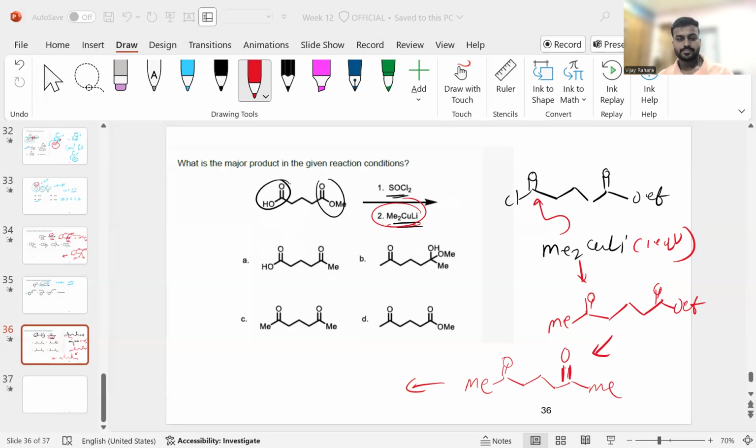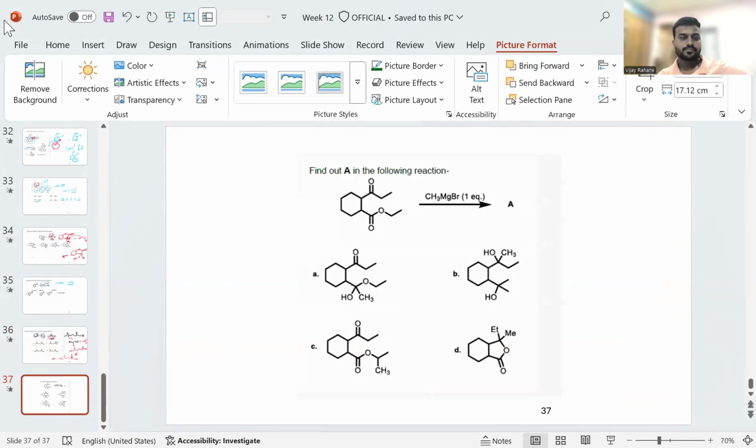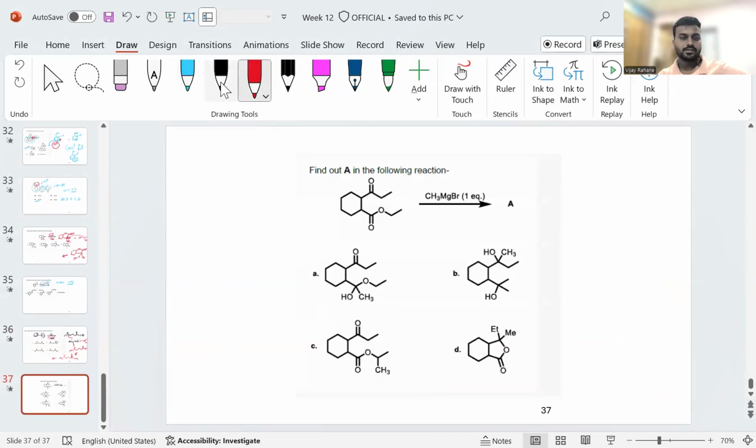So obviously if you had only one equivalent, the addition of one equivalent of this Grignard reagent takes place, whether on the keto group or on the aldehyde, sorry, on the ester. So this is about the selectivity of the functional group toward the Grignard reagent.